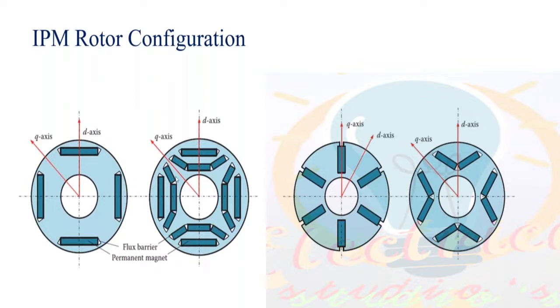These are the two axes where the current flow takes place. In a PMSM motor, the permanent magnet is embedded in the rotor, so the rotor gives the force generated by the permanent magnet, and on the stator side it is the electromagnetic force.